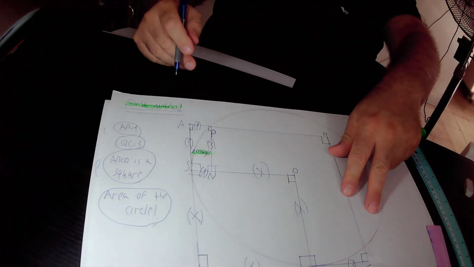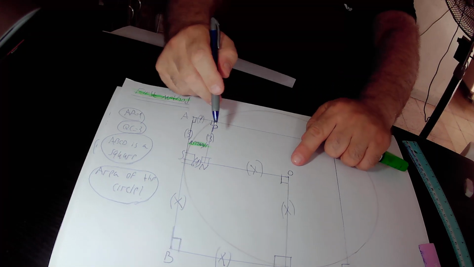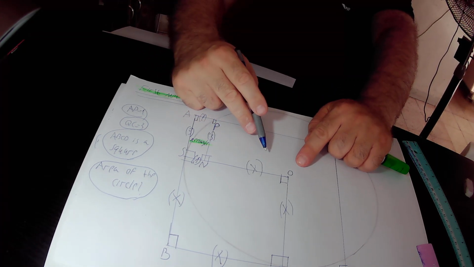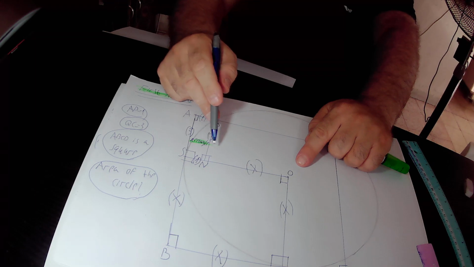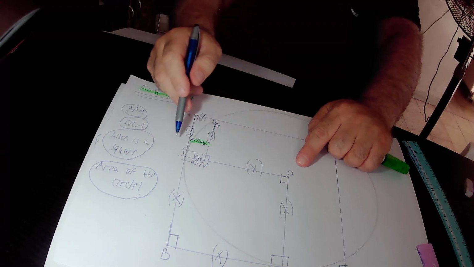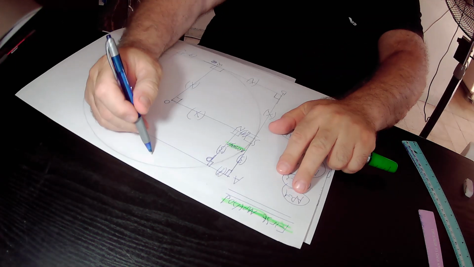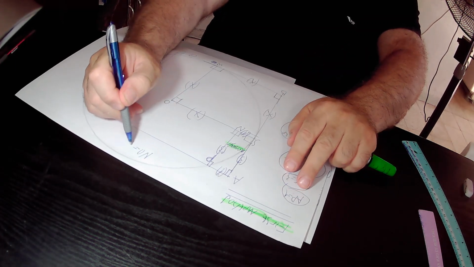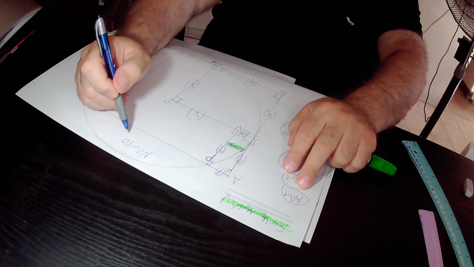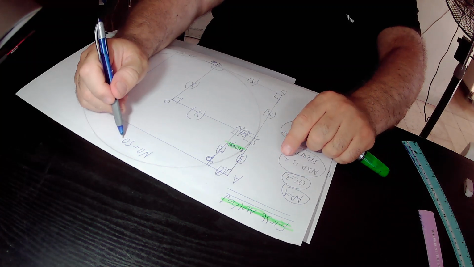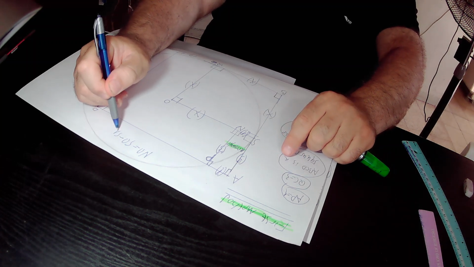What is the length of the missing line segment NO? From the drawing, it is very easy to see that NO equals SO minus SN. So write it now. NO equals SO, that is the radius of the circle, minus SN.